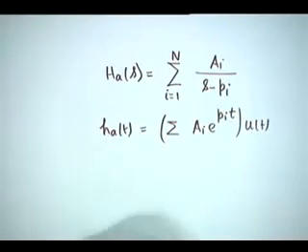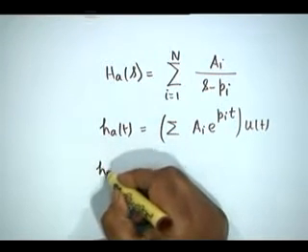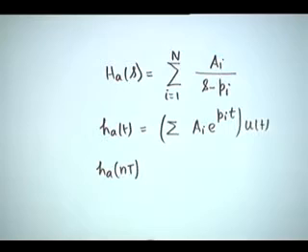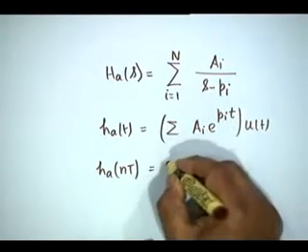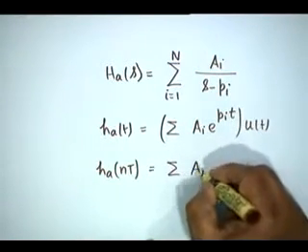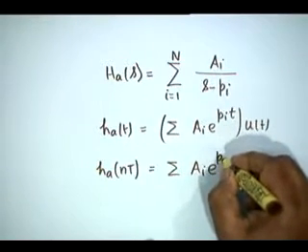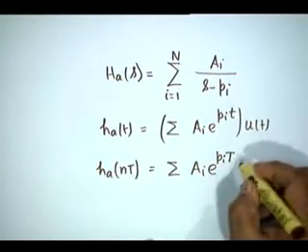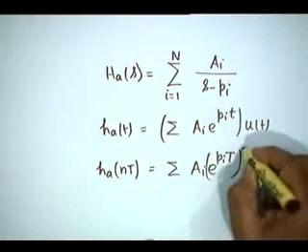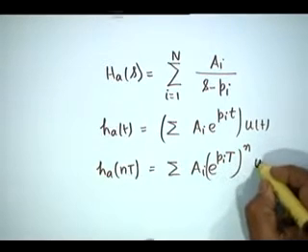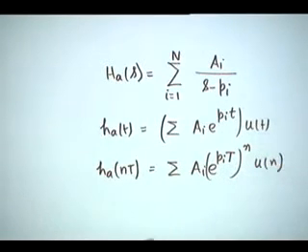If I sample this at intervals of capital T, then obviously what I get is A_i e to the power p_i nT u(nT), which is the same as u(n), the digital step function.